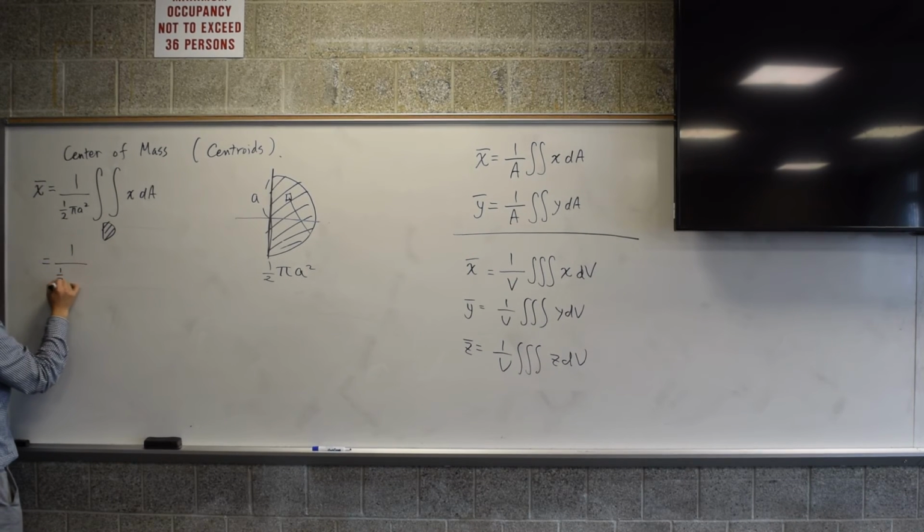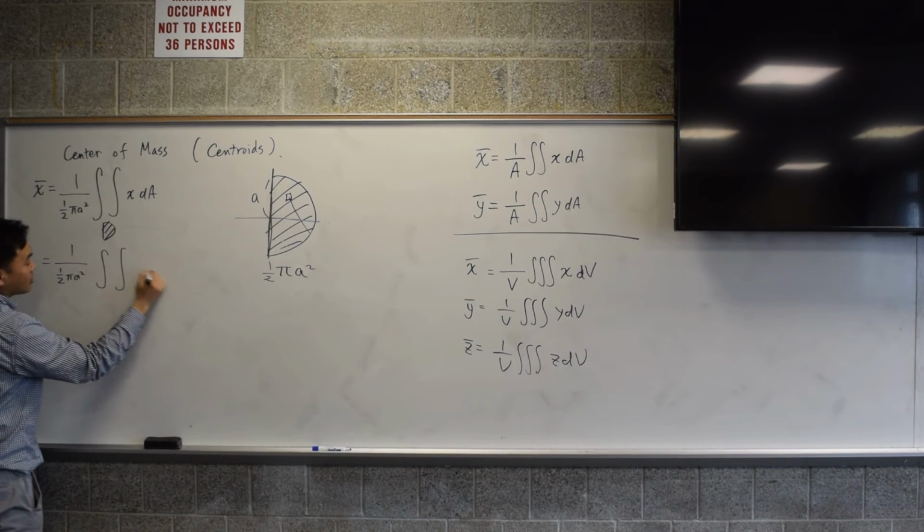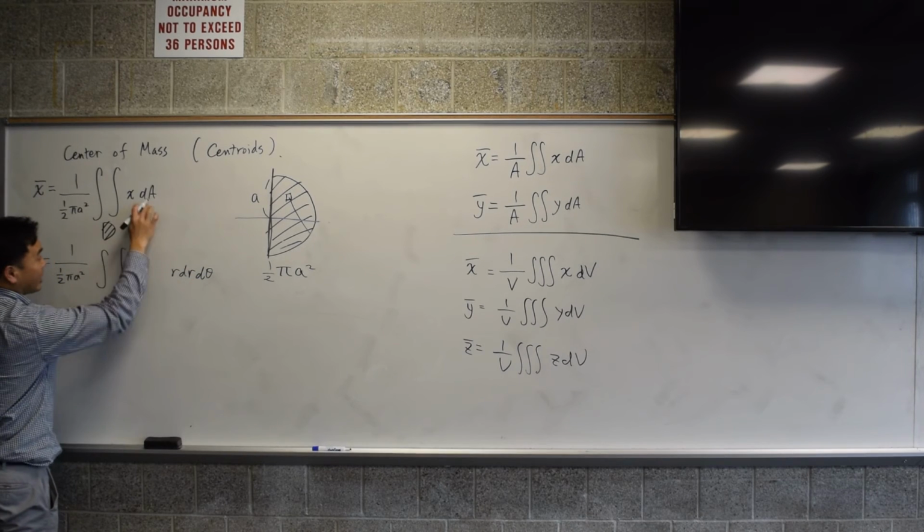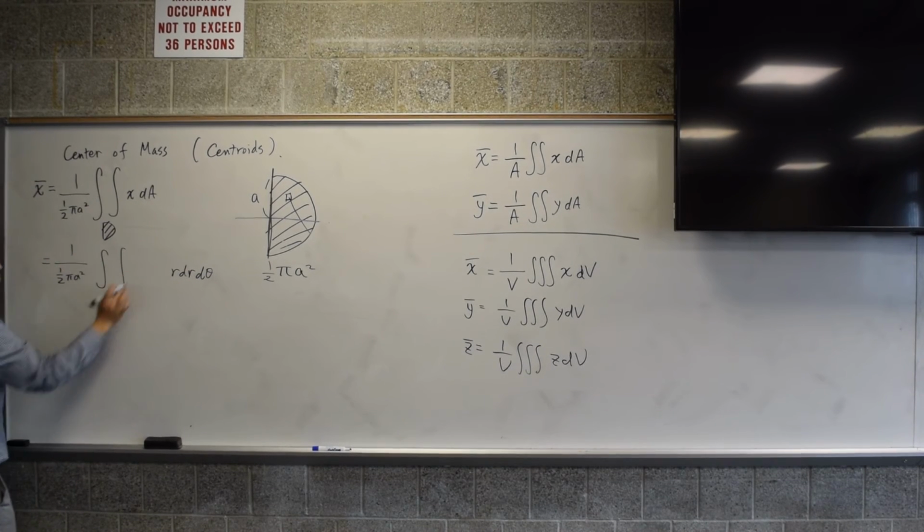1 over 1/2 π a squared. I have r dθ for dA. What do you write for x?